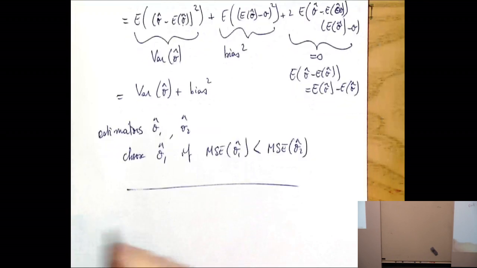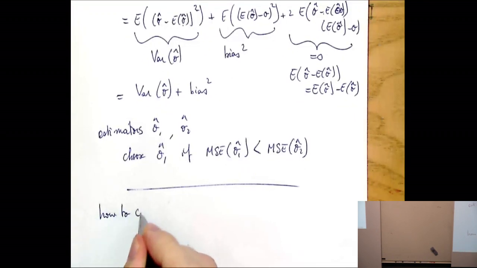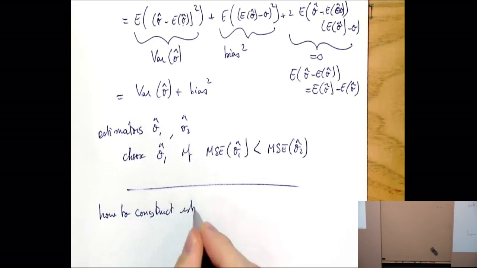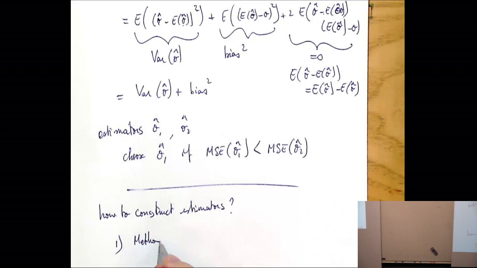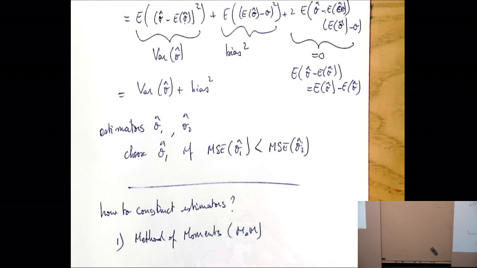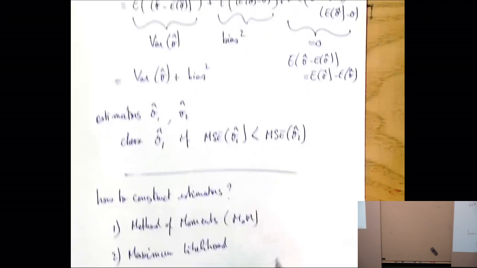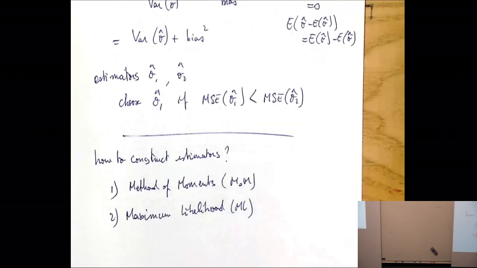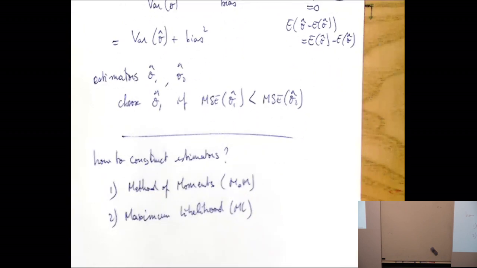The question we're going to look at is how to construct estimators, and we're going to look at two different methods. The first one is called the method of moments, and the second one is called maximum likelihood. Those are two different ways to construct estimators.